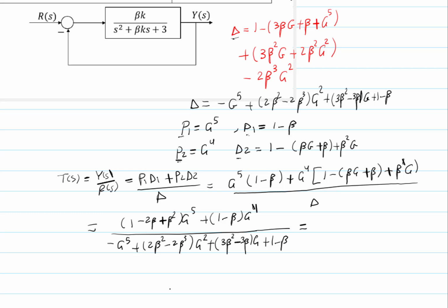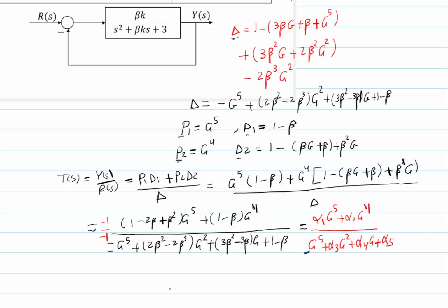This must equal the given transfer function, which was alpha 1 G to the power 5 plus alpha 2 G to the power 4 over G to the power 5 plus alpha 3 G to the power 2 plus alpha 4 G plus alpha 5. Now, in order to compare, we must match the gain here with the gain here. Here is positive, here is negative, so this means that I need to multiply by minus 1 here and minus 1 here.